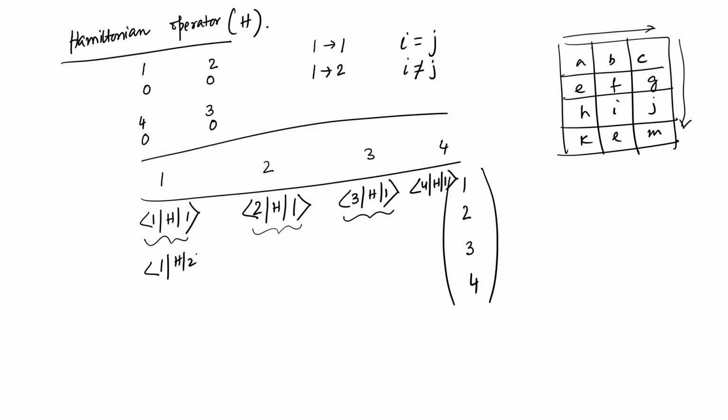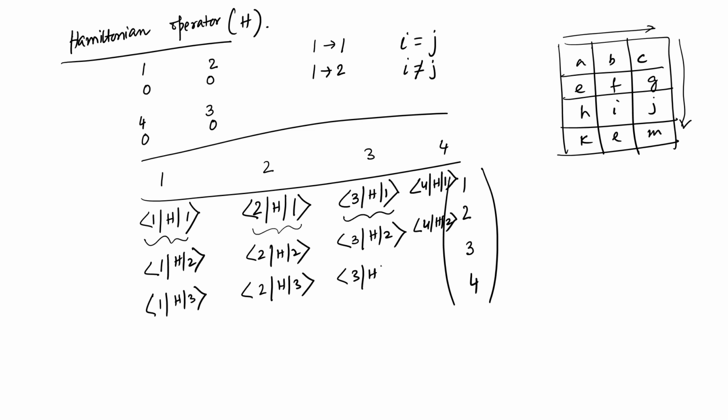Okay. <1|H|2> and this is like <2|H|2>. Let me write down all of them, so this is <3|H|2> and this is <4|H|2>, then there is <1|H|3>, then it is <2|H|3>, then it is <3|H|3>, that is the diagonal element for this, and then there is <4|H|3>, and finally we have <1|H|4> and <2|H|4> and <3|H|4> and finally the diagonal term <4|H|4>.